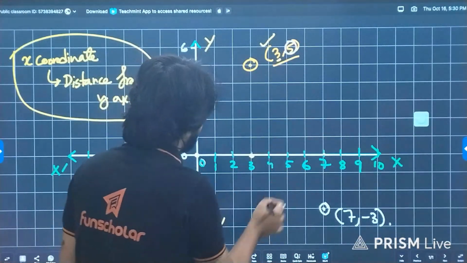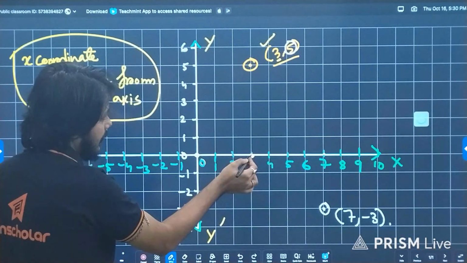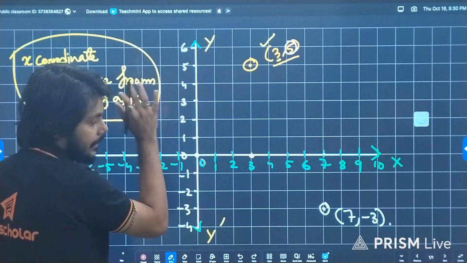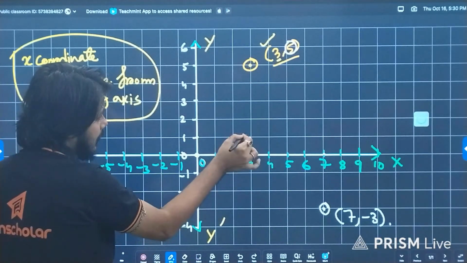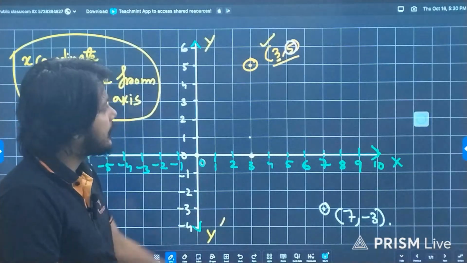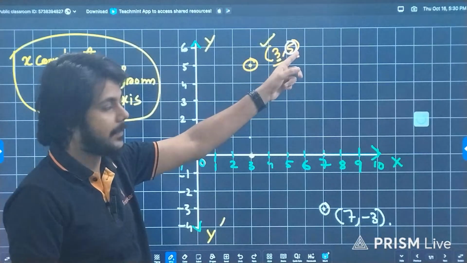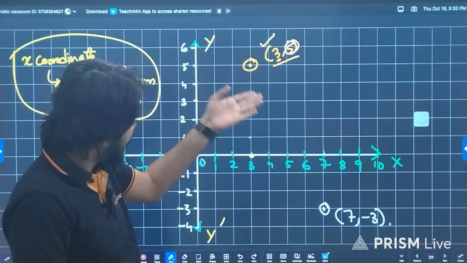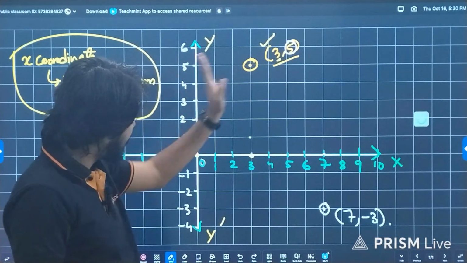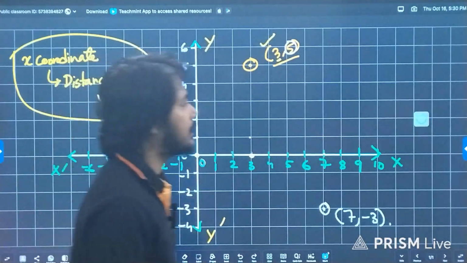See, 5 steps from this point. We have taken 5 steps to the upper side: 1, 2, 3, 4, 5. So can I say that the y coordinate is the distance of a point from the x-axis? We can definitely say it.